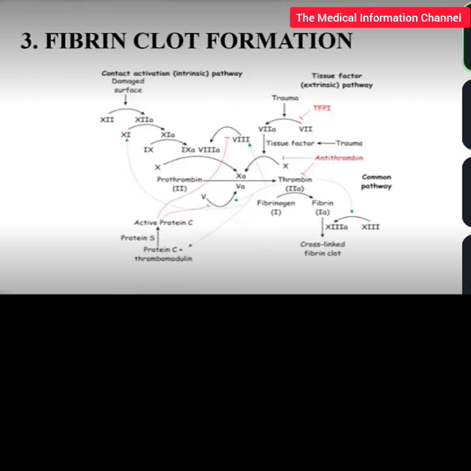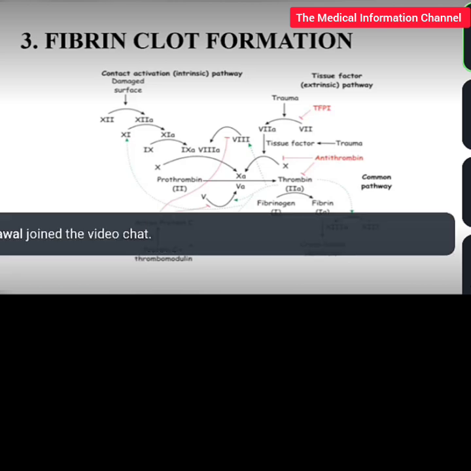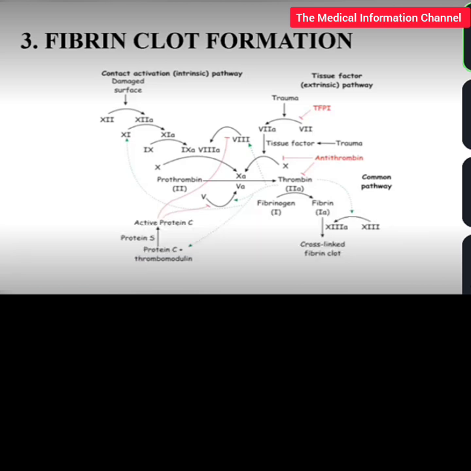The cofactor of protein C is protein S, and protein C acts on activated factor 5 and activated factor 8, whereby it controls overproduction of thrombin and activated factor 8. And antithrombin also acts on thrombin and factor 10 activation. And the tissue factor pathway inhibitor acts on factor 7.